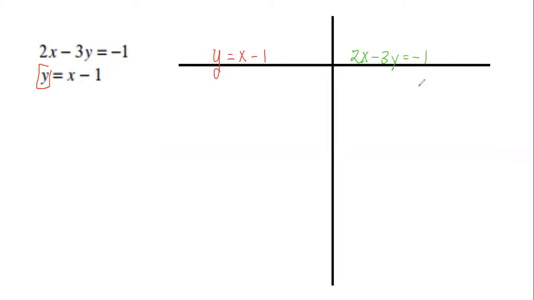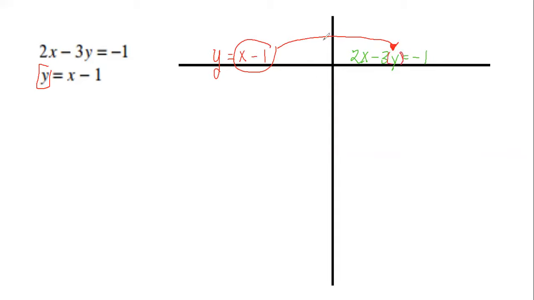So now we're going to simplify this and we're going to say, okay, I can't solve either one of these because they both have an x and a y. What I can do is say, hey, y is equal to x minus 1. So I can take x minus 1 and I can substitute it in for this y. You see why I do the t-chart? The t-chart's going to help us make things a lot more neat and organized. Now, the thing to remember here is this is not just -3 times the first term, it's -3 times all of what y is.